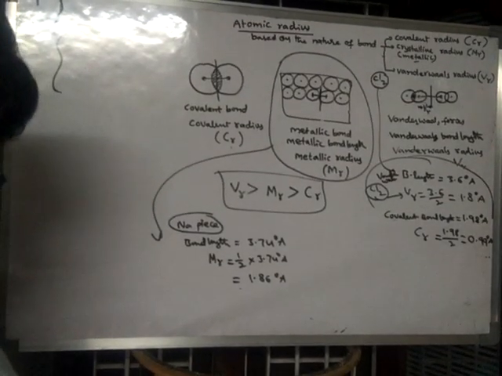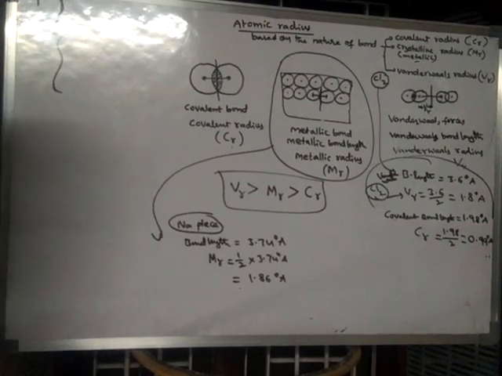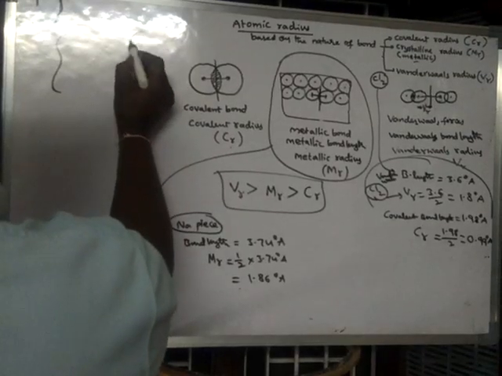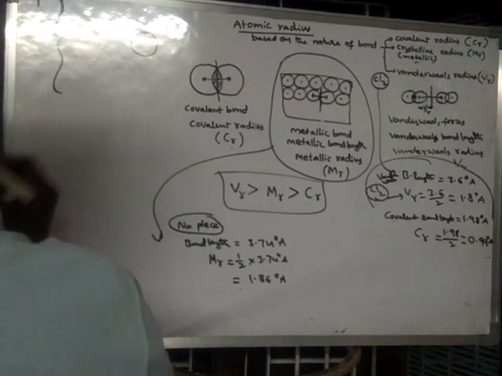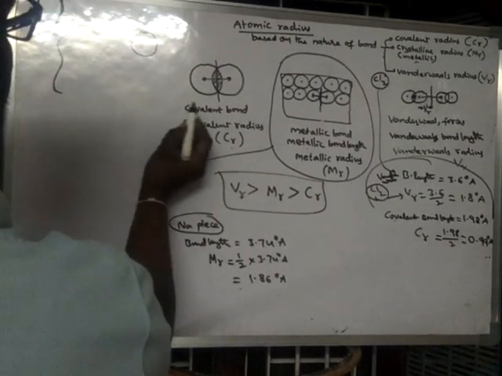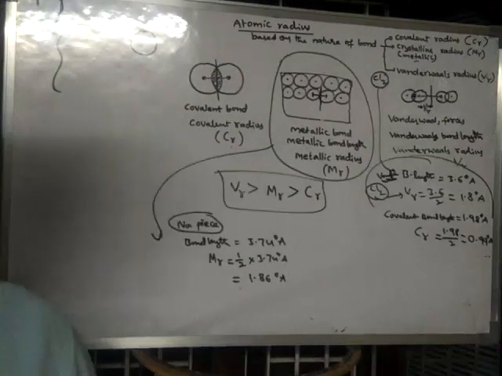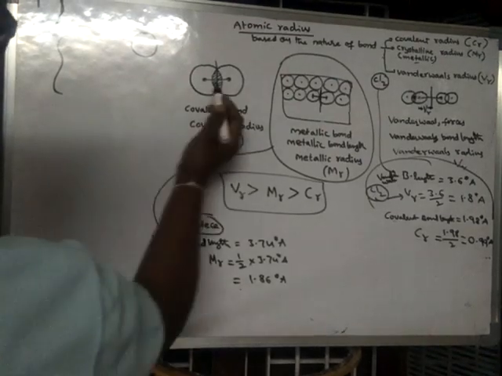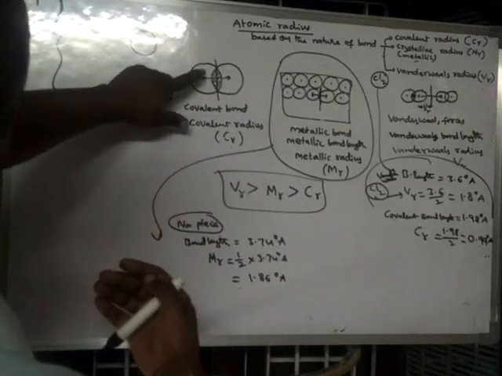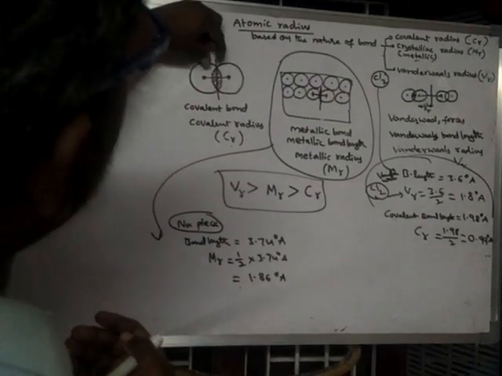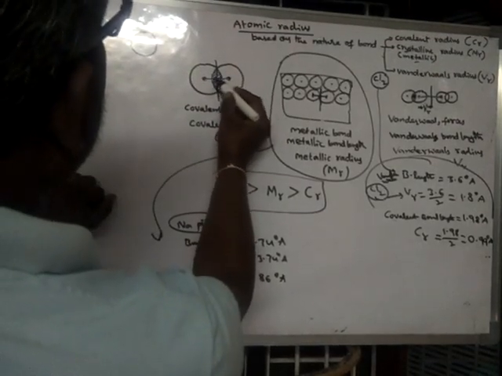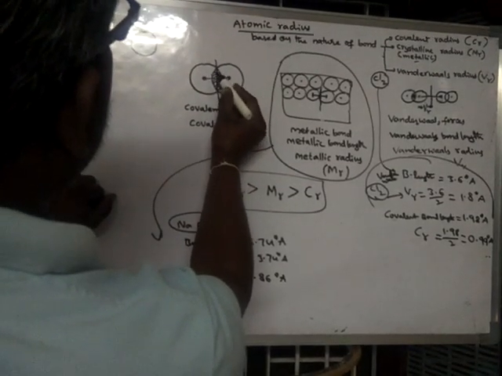When compared to the theoretical atomic radius, the covalent radius is 20% less than the theoretical, because here atoms are merging. One atom merges into the other, so the electron density, instead of being calculated from here to here, is calculated only up to here.